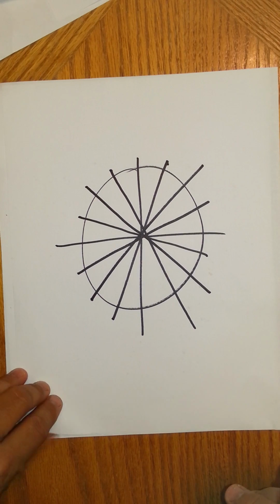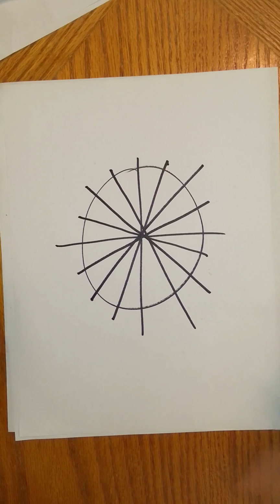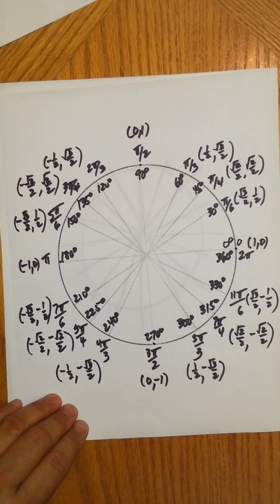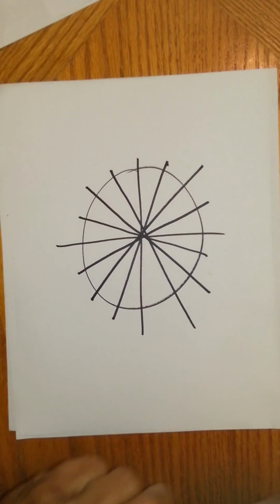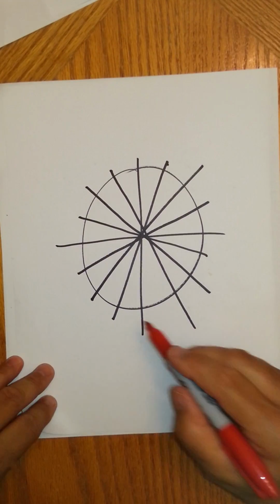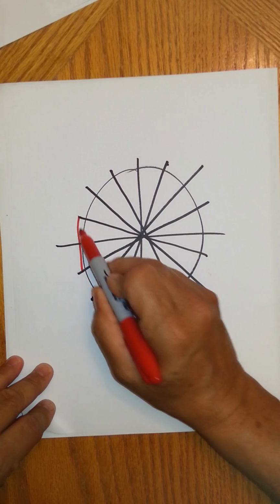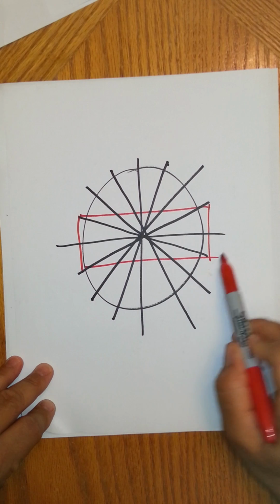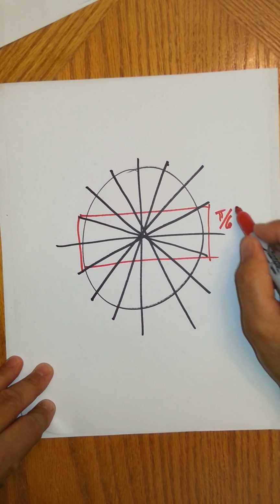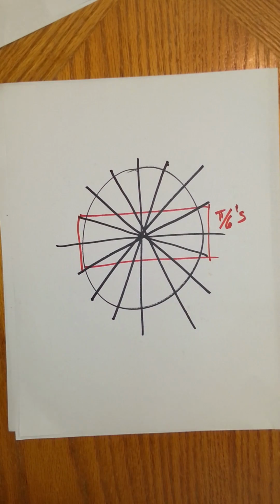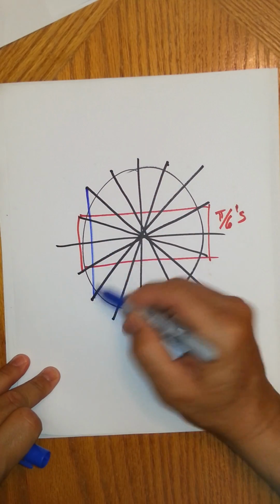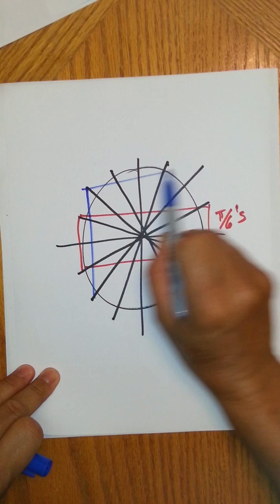Now, what some people will do to memorize these, like basically I derive this by just showing you logically how the unit circle is divided, right? There are some mnemonics that you can do. For example, here, very close to the x-axis, all of these are the pi over 6s. And then in the middle you have the pi over 4s, right?